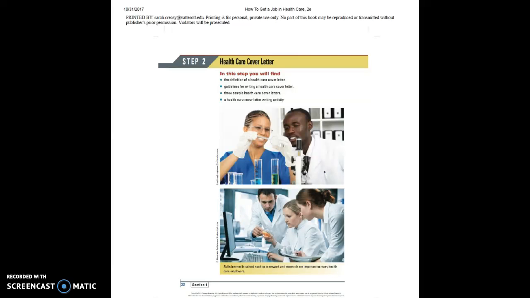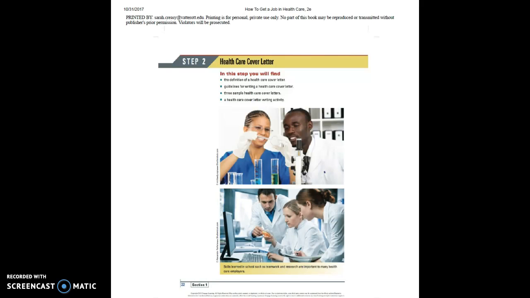There's 3 samples in this section, and they're going to actually walk you through how to do one. Now, I understand that you're not being asked to submit anything for this particular textbook as far as an assignment goes, but I would encourage you to follow along with these steps and to start creating these on your own, because these are going to be very important as you move forward.